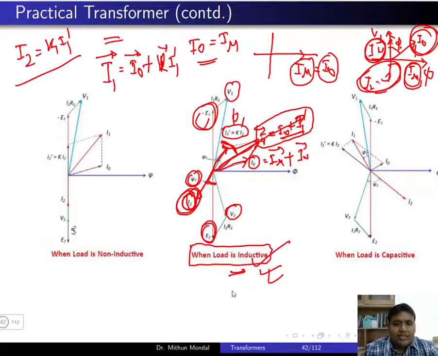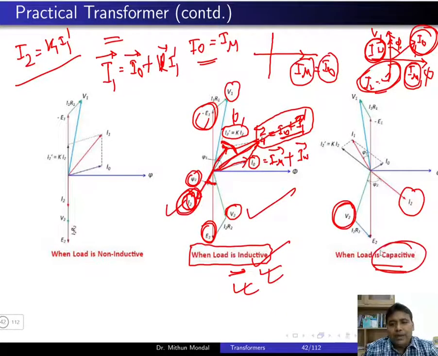Now generally in industries you will have an inductive load. Now if you want to go with the capacitive load, what happens? If you have the capacitive load, the current will lead the voltage V2 by an angle. Here if you observe, V2 is here and I2 is here, however if you have a capacitive load, the current will lead the secondary voltage V2, and correspondingly the K into I2 which was here now will oppose the current I2 in this direction.